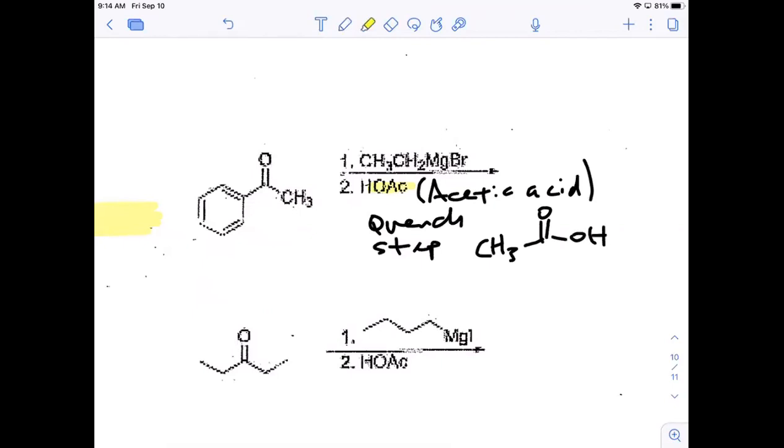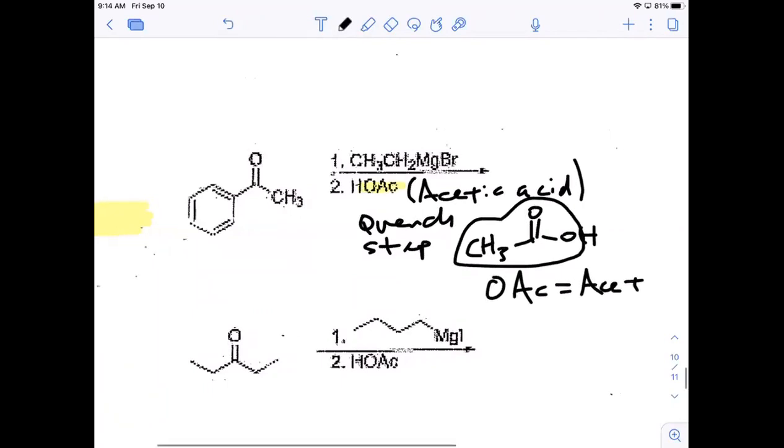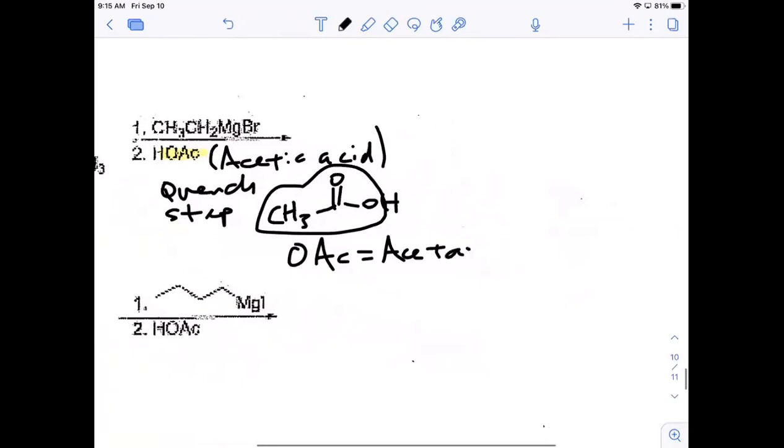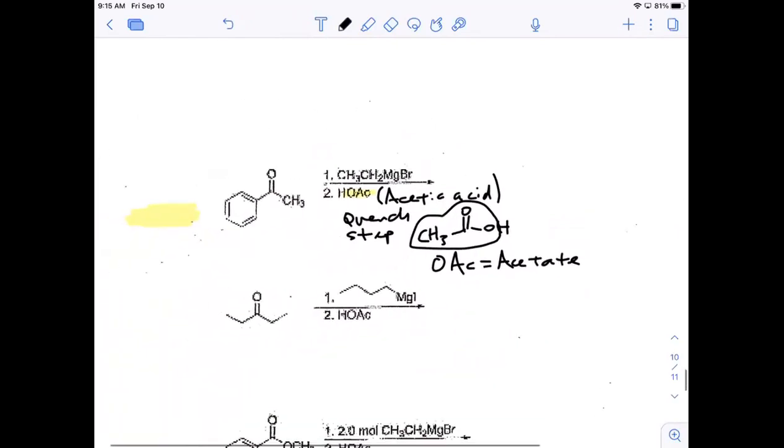This is the part that's labeled OAc. That's just an abbreviation for an acetate group. All right, so that's my acid. We're not worried about that.